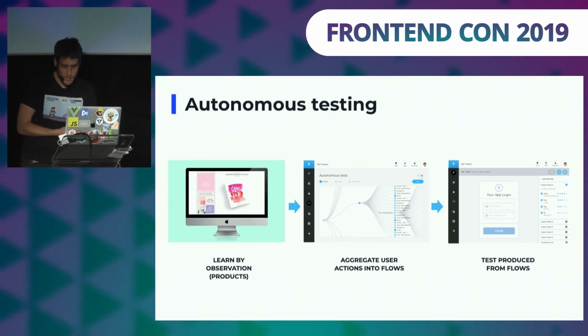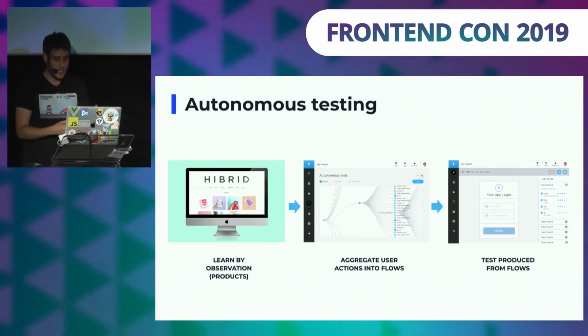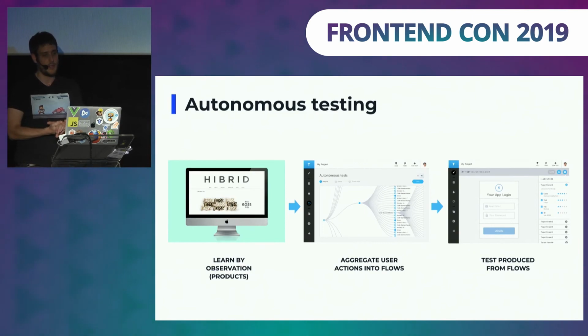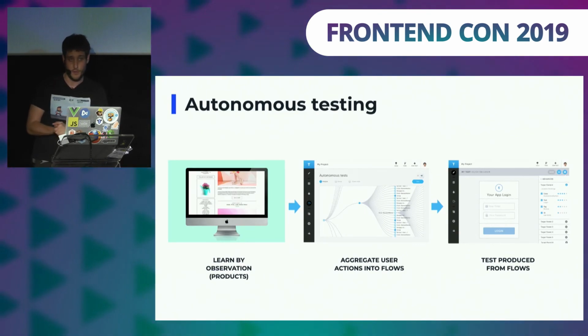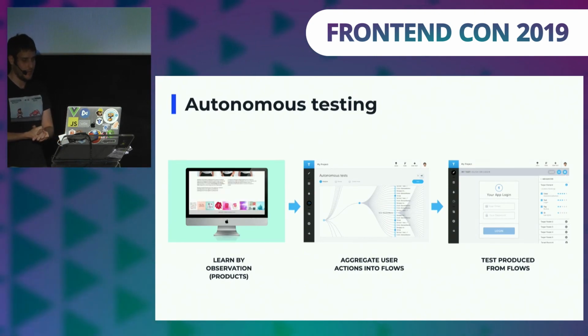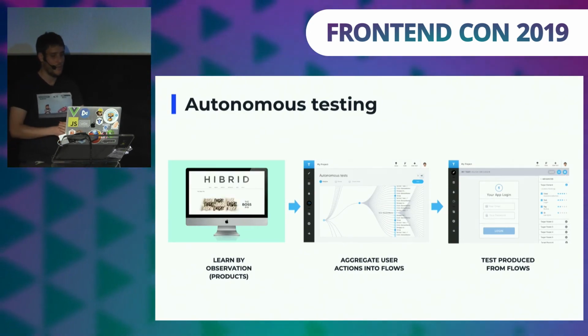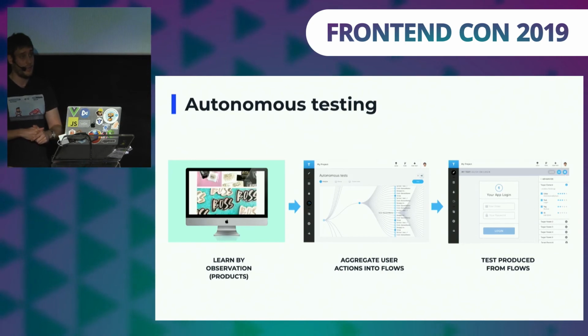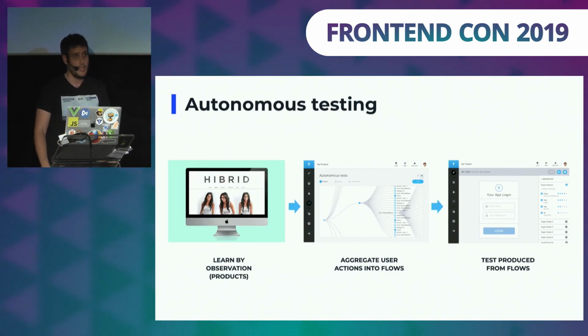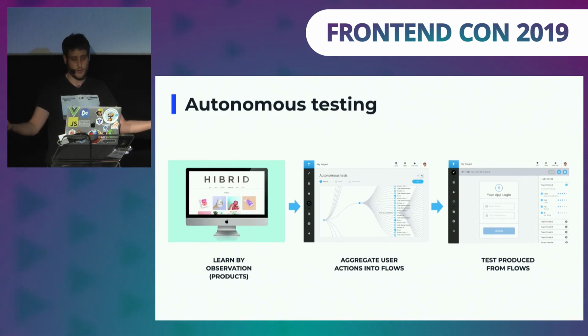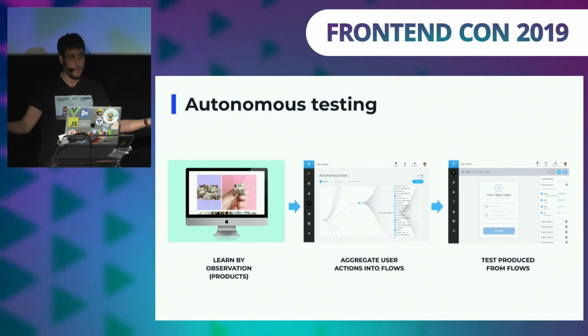Now, the thing we built is autonomous testing. Autonomous testing, I think, is the direction 90% of our tests will go to in the coming years. The reason we will go towards autonomous testing is because you can generate a lot of your tests automatically. A lot of you probably have Google Analytics or a similar analytics tool on the website, right?